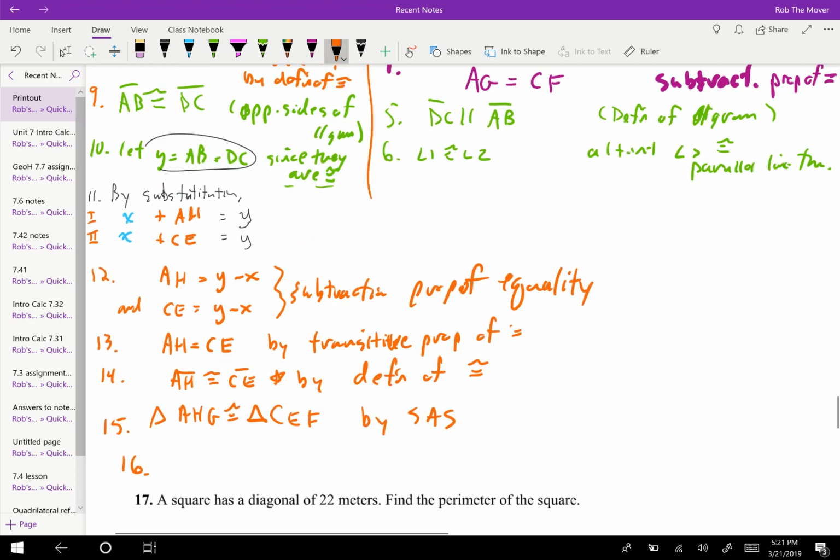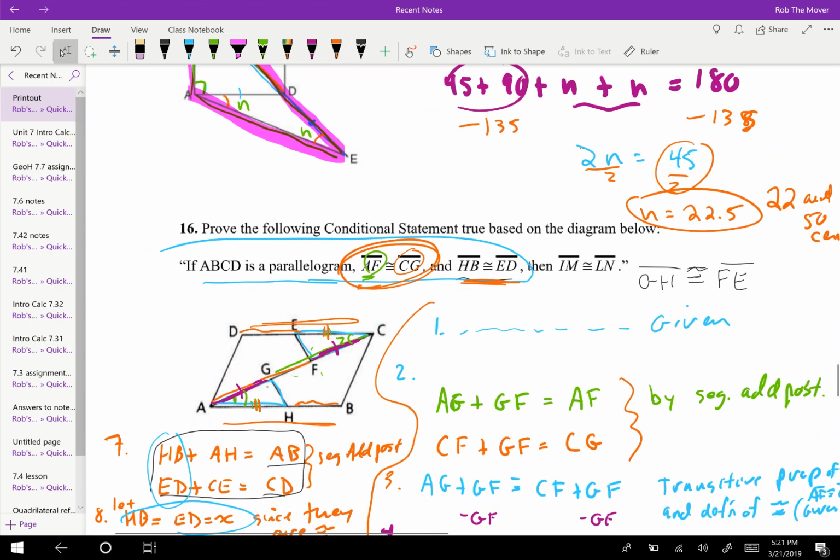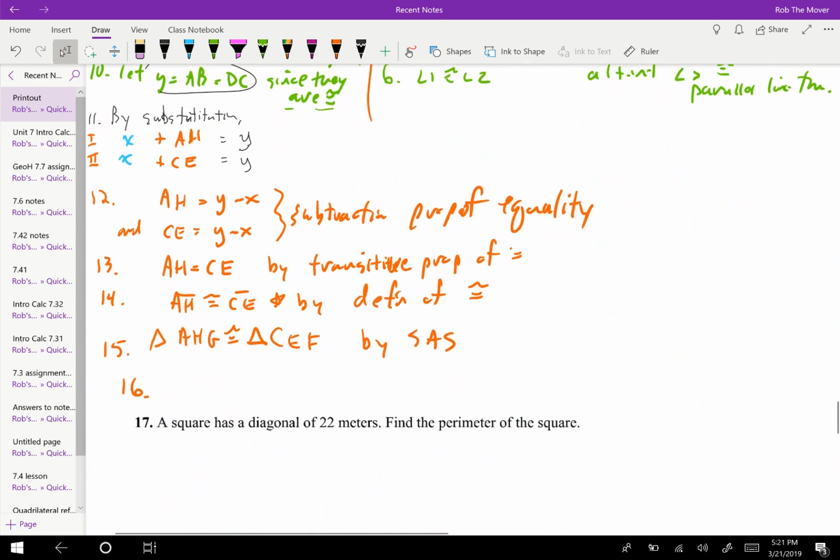And our typical next step after that is using CPCTC to get the things we want, right? We really want to get that other part, GH, congruent to EF. Okay, so GH is congruent to EF.